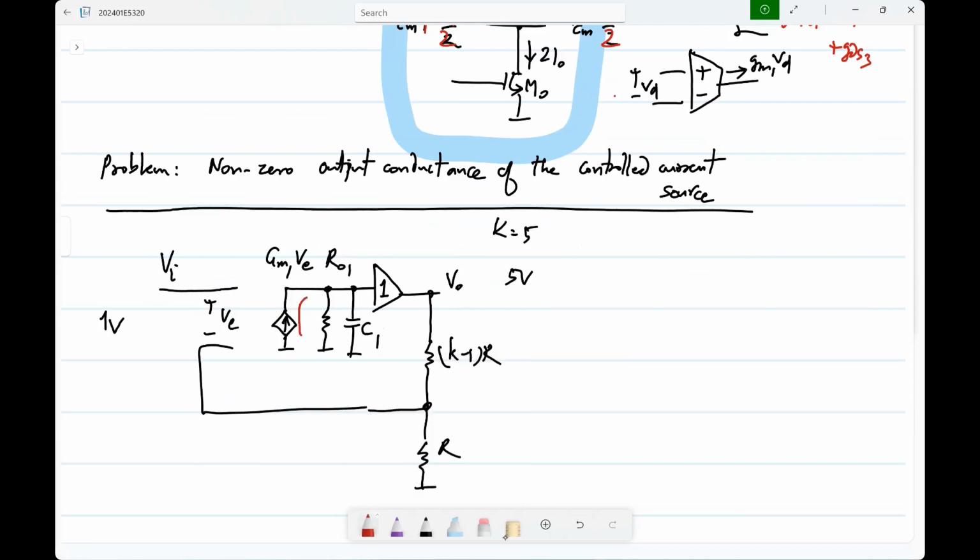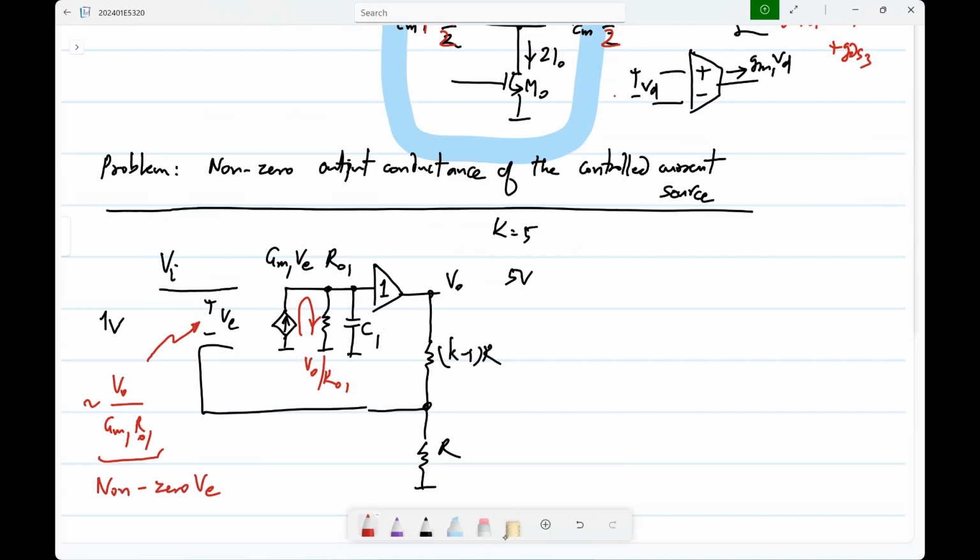So there has to be some current flowing there, which is basically V naught by RO1, and that has to come from this transconductance. So you need a voltage here, which is V naught by GM1 RO1. So your virtual short is not a perfect short anymore.